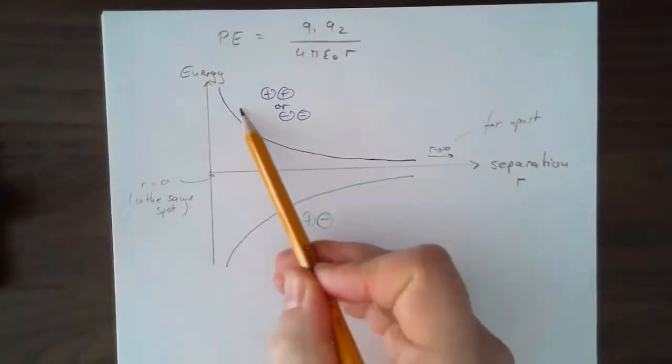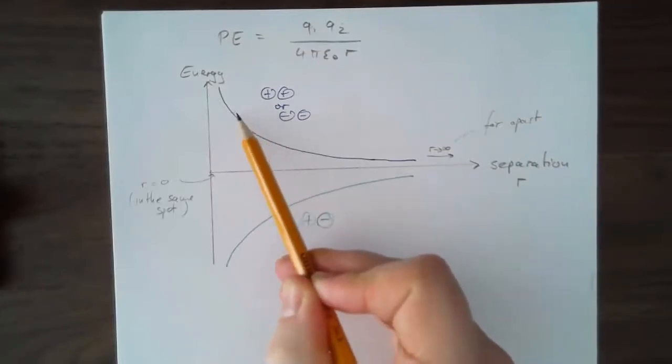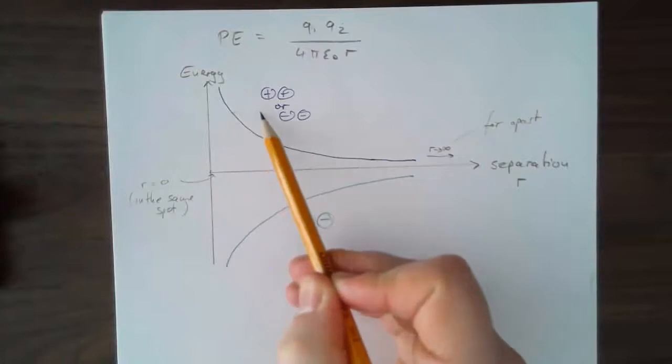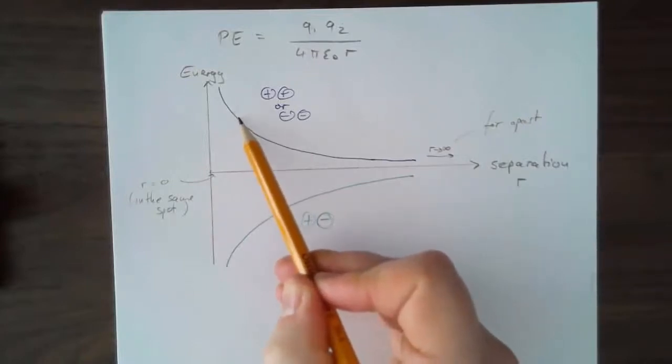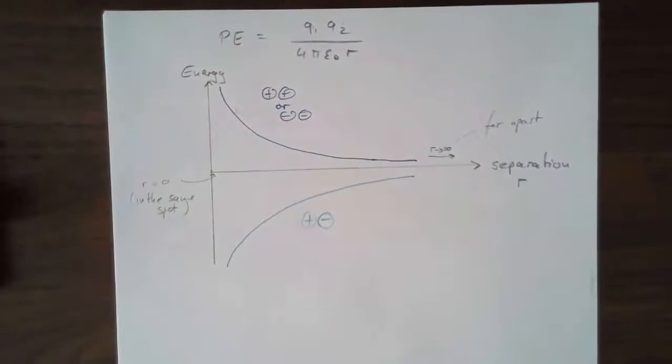And you can tell, oh, if they're close together, two positive ones, right, then the marble wants to roll to the right, a lot of acceleration, a lot of downhill force to the right because it's steep. So that makes sense. Two positive charges close together, they want to push each other further right, right? That's the graphical intuition of the fact that force is minus the slope of the potential energy.